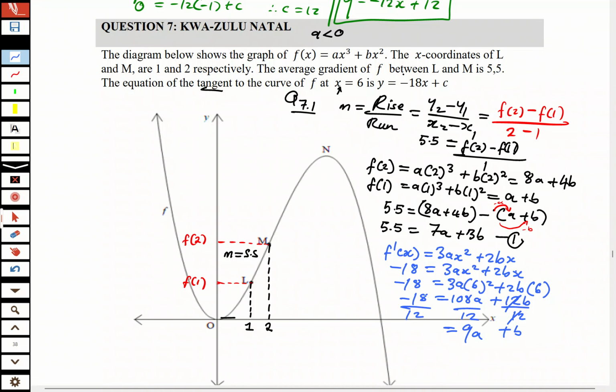6 goes into 18 how many times? 3. 3 times 6 will give you 18. And 12, 6 goes into how many times? It goes 2 times. No? So now you have something like this. Remember, they wrote this as a decimal.